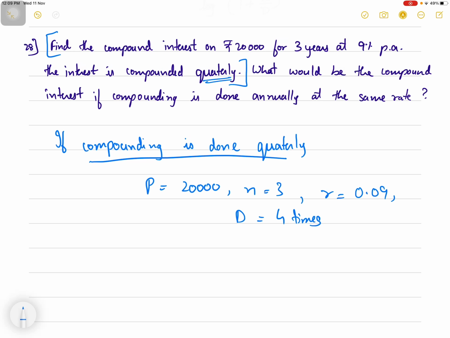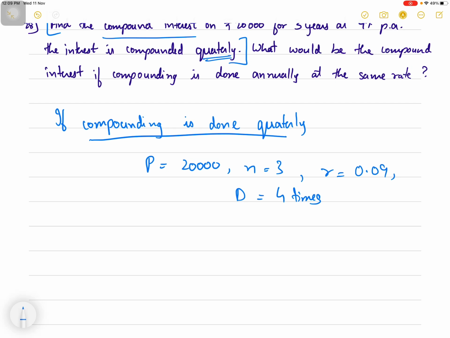What am I supposed to find out? Find the compound interest. I'll use my A formula only. The formula for A is equal to P into 1 plus r raised to n. Because there is d here, it is raised to dn and r by d. So my formula is A is equal to P into (1 plus r by d) raised to dn.